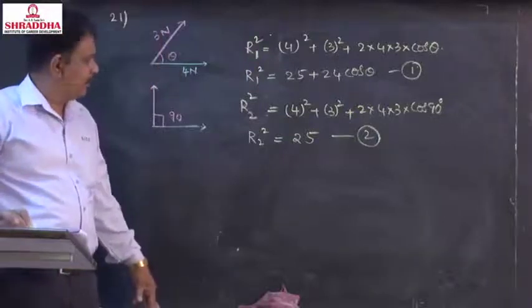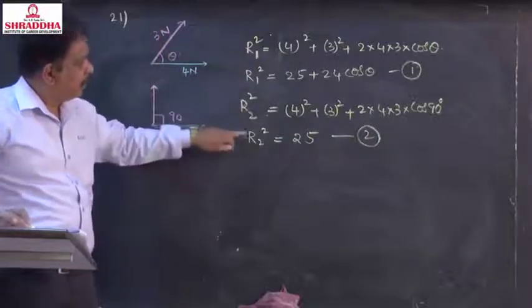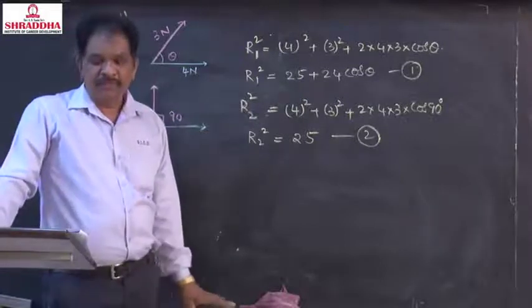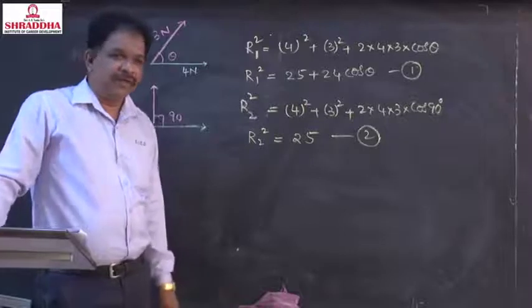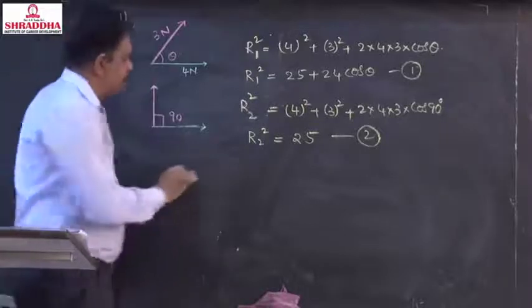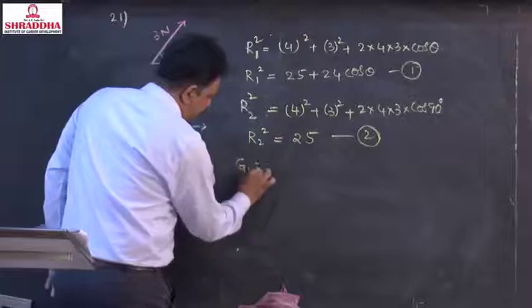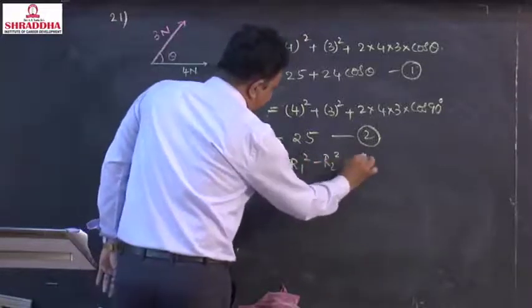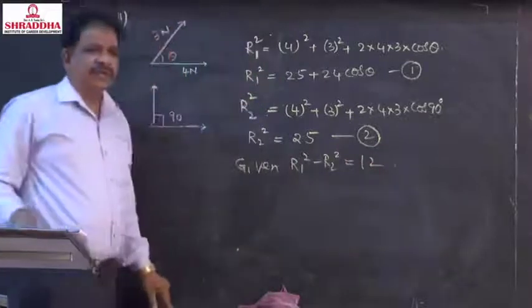What they are giving is R1 square minus R2 square is equal to 12. Then what is the theta value? That is the question. Given R1 square minus R2 square is 12.